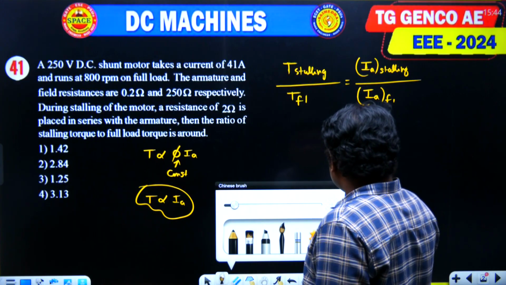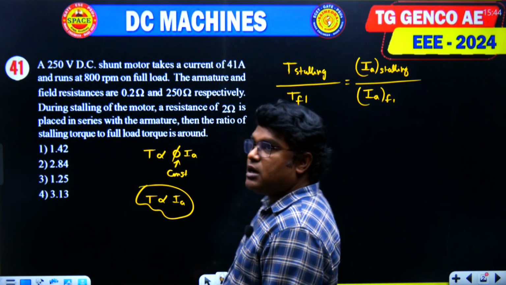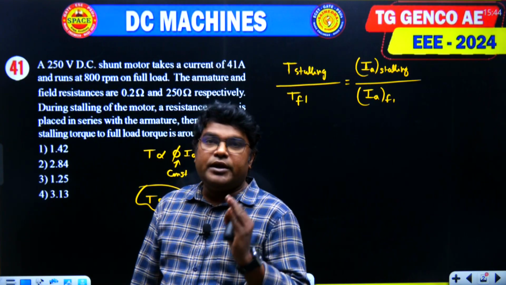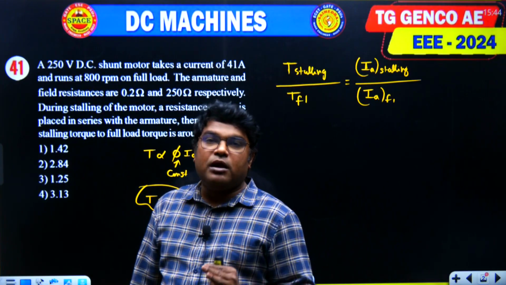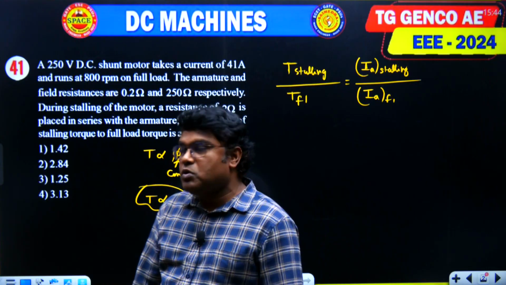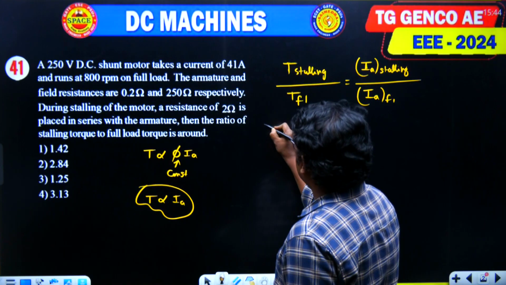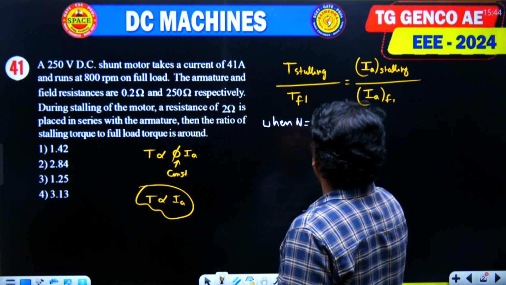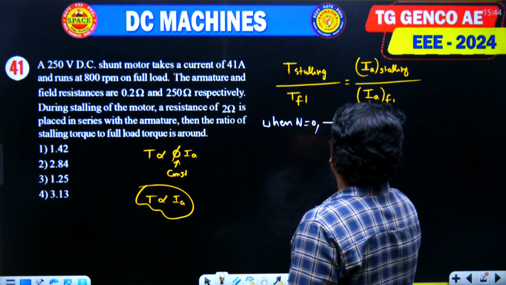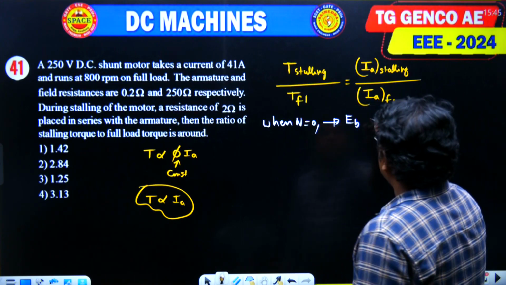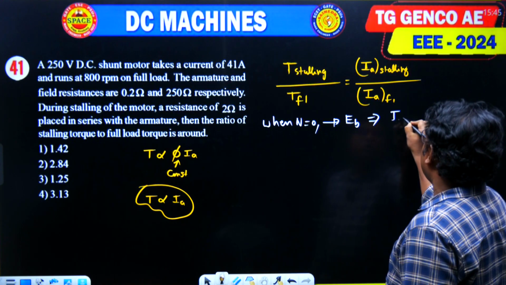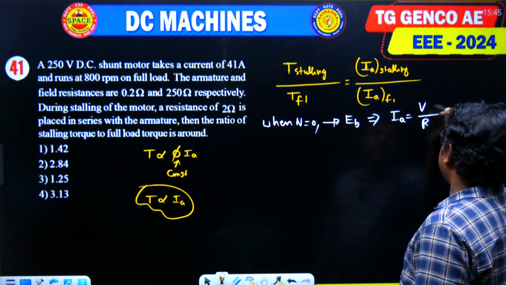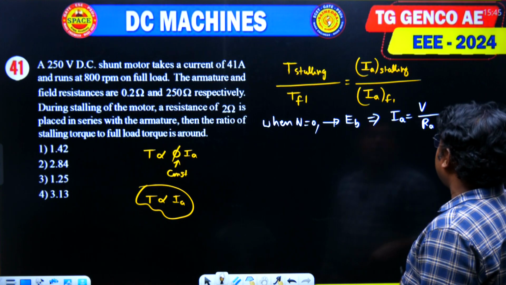What is meant by stalling torque? Stalling torque means the torque produced by the motor when the speed falls to zero. When the speed is equal to zero, the back EMF of the motor is equal to zero. So when back EMF is zero, armature current is equal to V by RA.